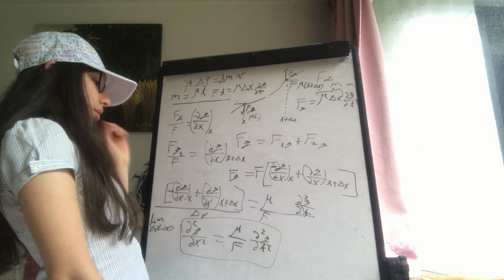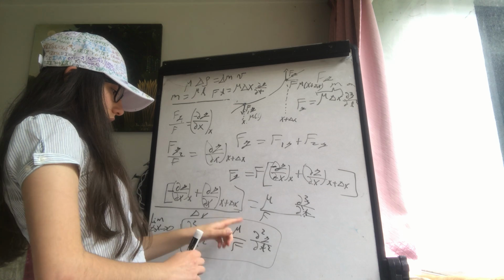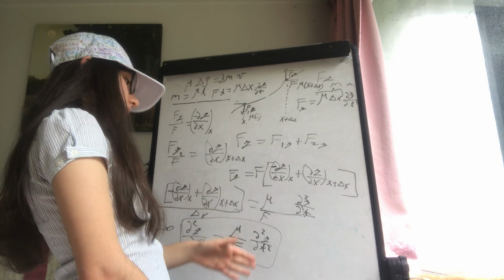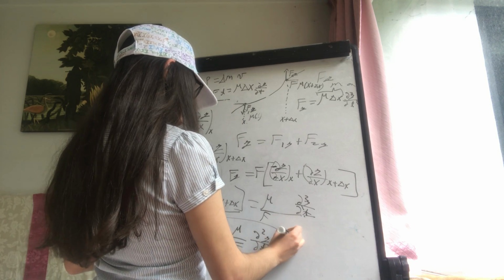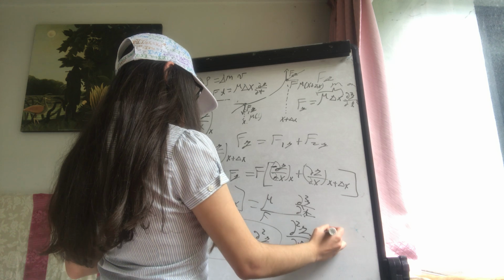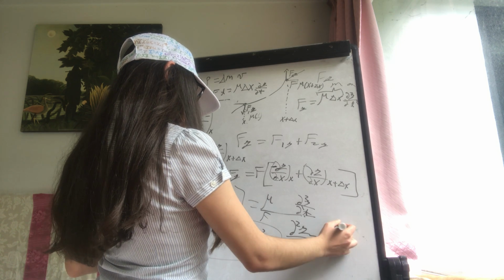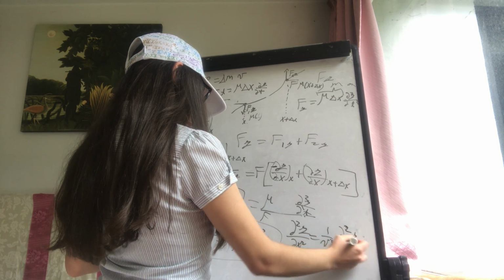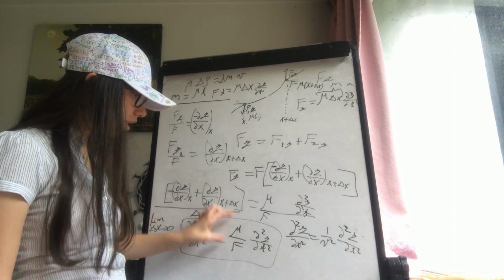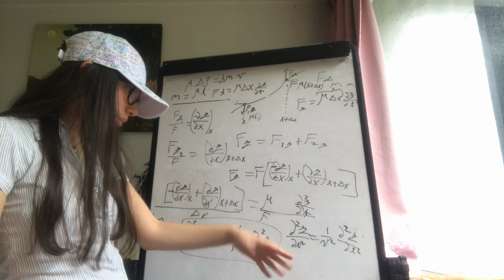Remember that instead of mu divided by f, we have d squared y over dx squared equal to 1 over the velocity squared times d squared y over dt squared. So they have the same form, and the difference is this, so they must be equal.